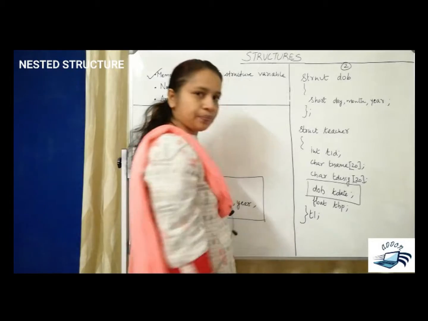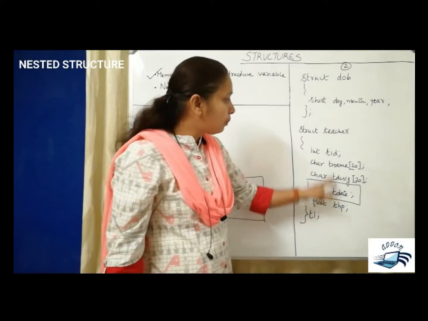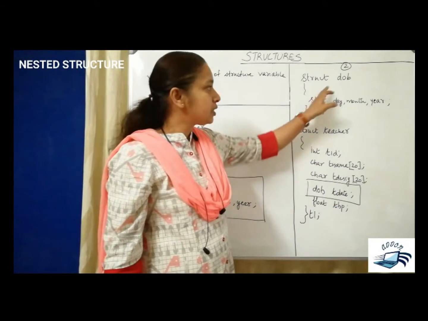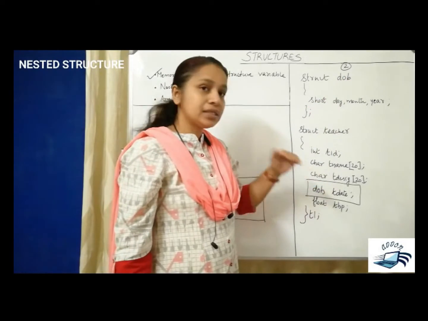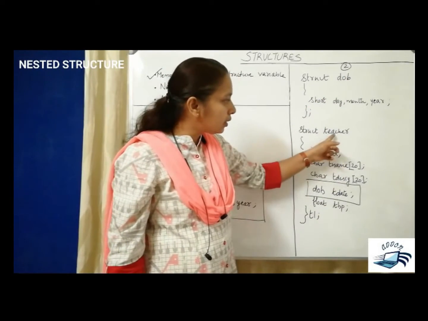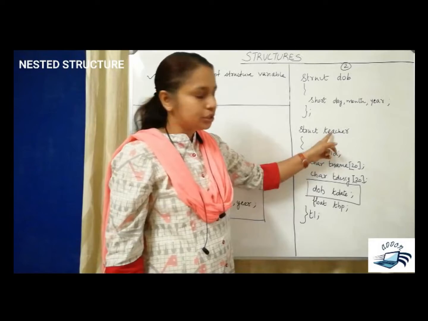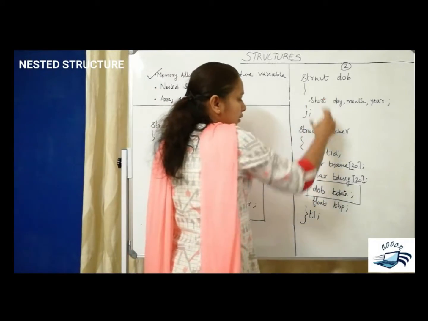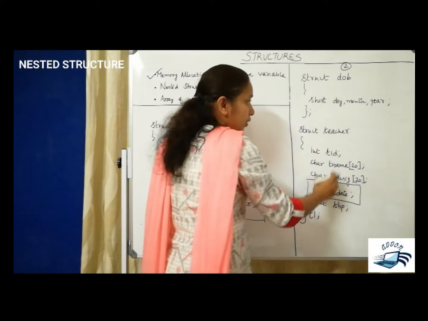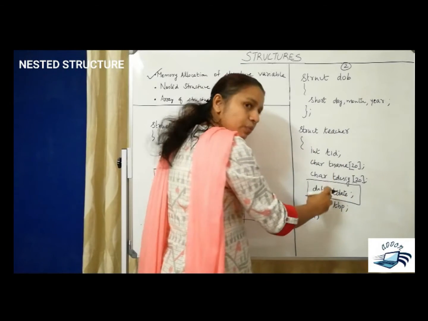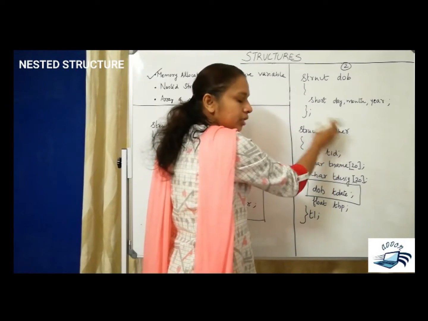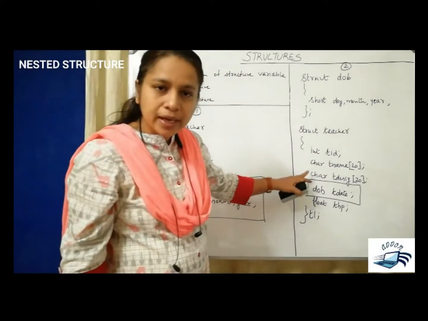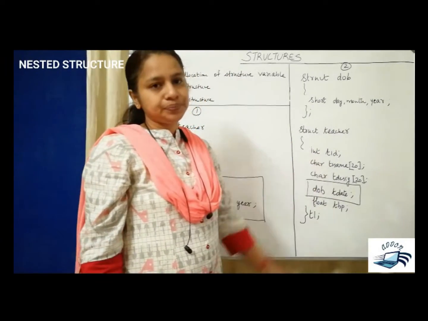Here the point comes: the variable of DOB is declared inside the structure teacher, DOB TDate. That means the data of DOB can also be accessed from the structure teacher. So it is also known as nested structure.